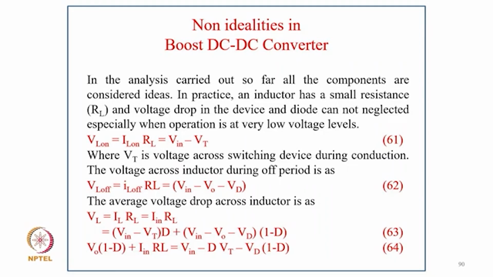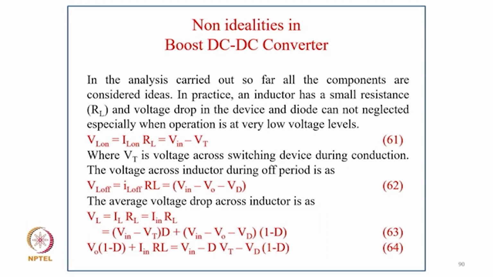So VL on equals IL on times RL, which equals V in minus VT, the transistor drop, where VT is the voltage across the switching device during conduction. The voltage across the inductor during the off period is VL off equals IL off times RL, which equals V in minus VO minus VD, the diode drop.